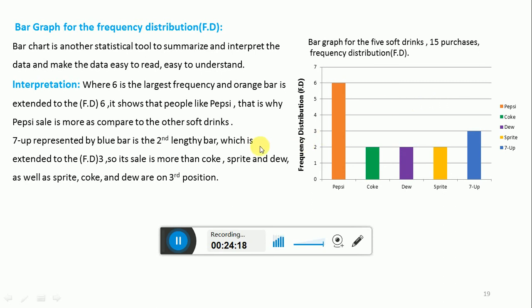So this is all about the descriptive statistical tools, tables and graphs, to summarize, analyze, present and interpret the data, to make the data easy to read, easy to understand, and to make the data meaningful using tables and graphs.